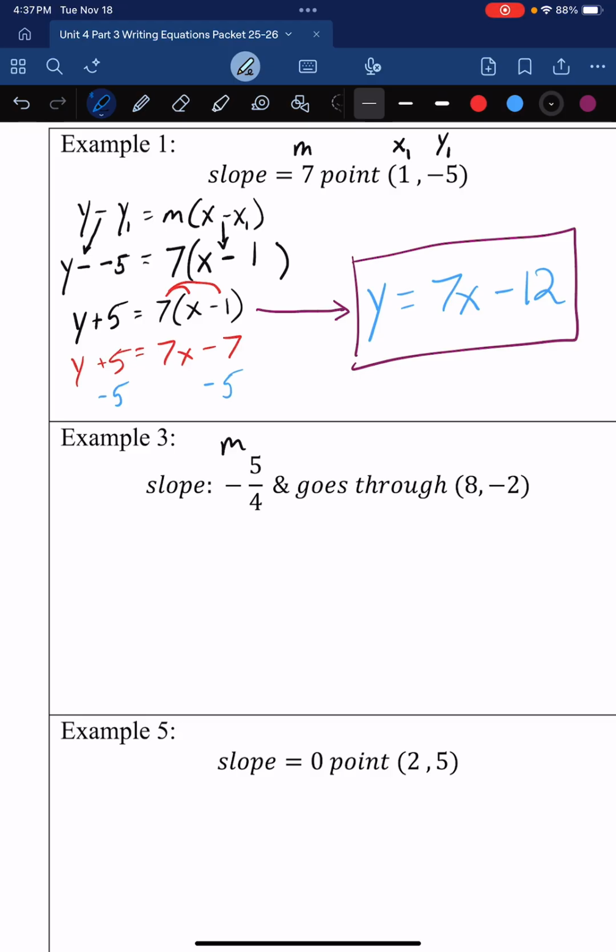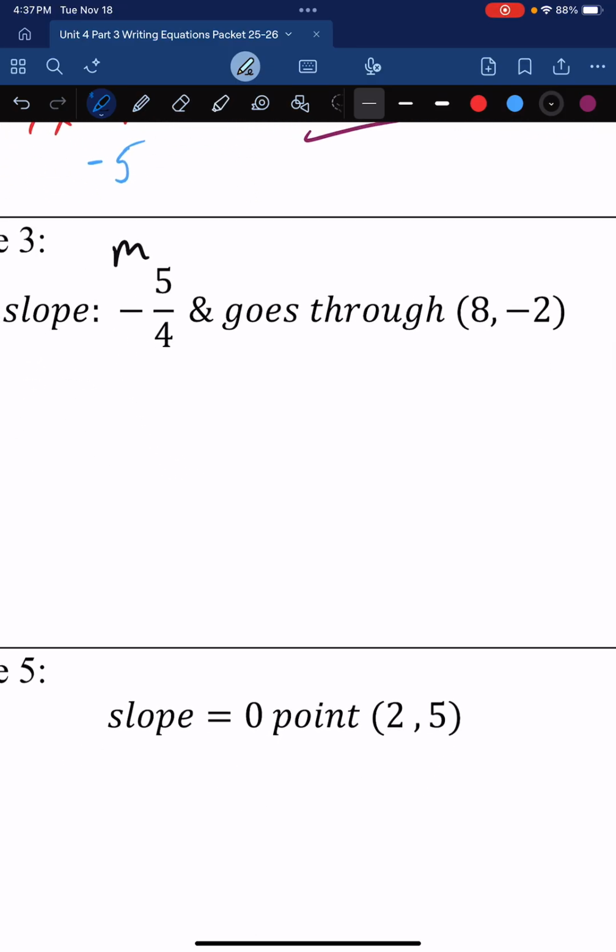So right away, I'm already thinking that's a negative number, but it's not 0, it's not undefined, and so I should have both variables y and x in my final answer because this is going to be a line that is slanted. It's just doing so in a negative fashion. If I was to look at the graph, I would see a line that's going down from left to right. And then I can also label this point as my x1, y1.